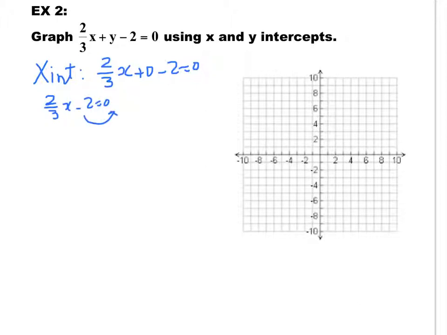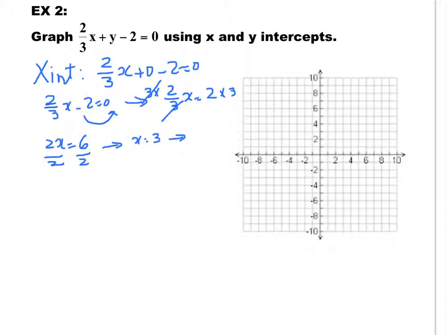I will bring negative 2 to the right to change the sign, so I'm going to get 2/3 x is equal to 2. Now to solve this one for x, I'm going to multiply both sides by 3. So 3 goes with 3, so I get 2x is equal to 2 times 3, which is 6. I divide by 2, and I get x is equal to 3. So this means the x-intercept is the point (3, 0).